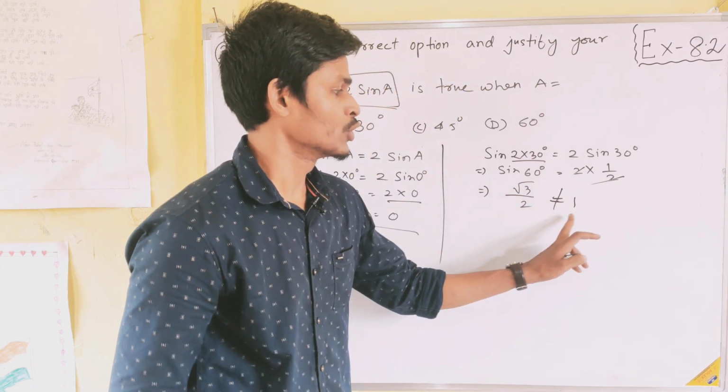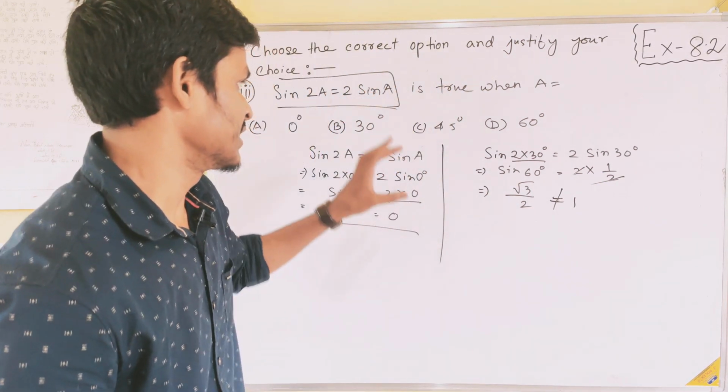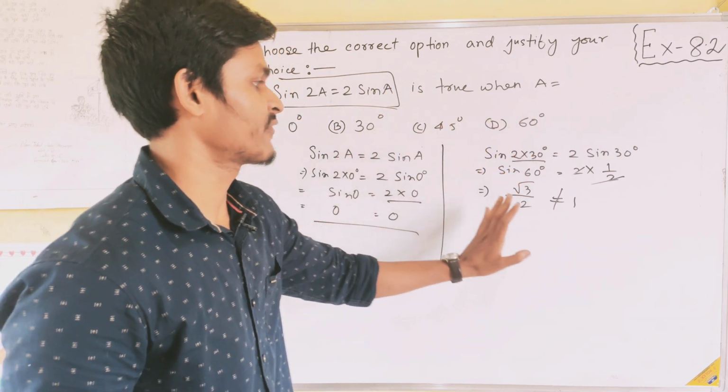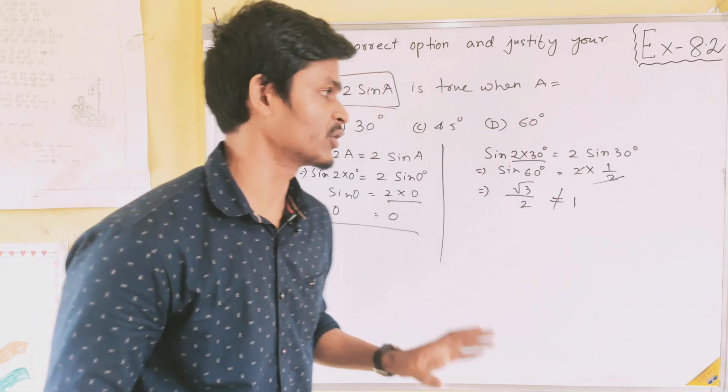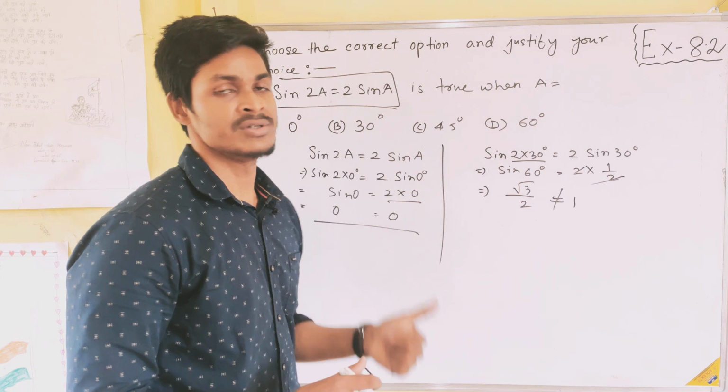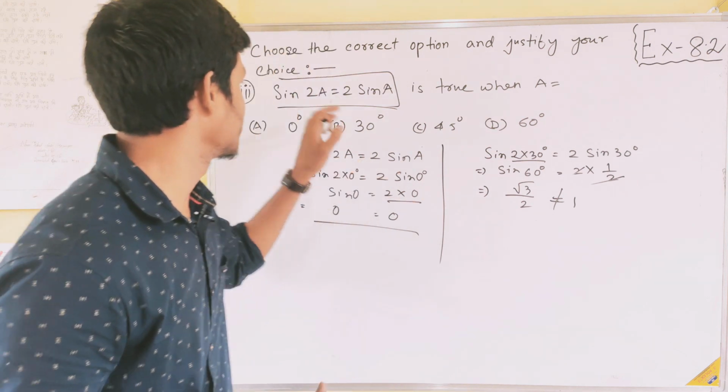Root 3 by 2 is not equal to 1. Now you can put 45 degree and you will see that the left hand side is not equal to the right hand side. The condition holds only when A is equal to 0 degree.